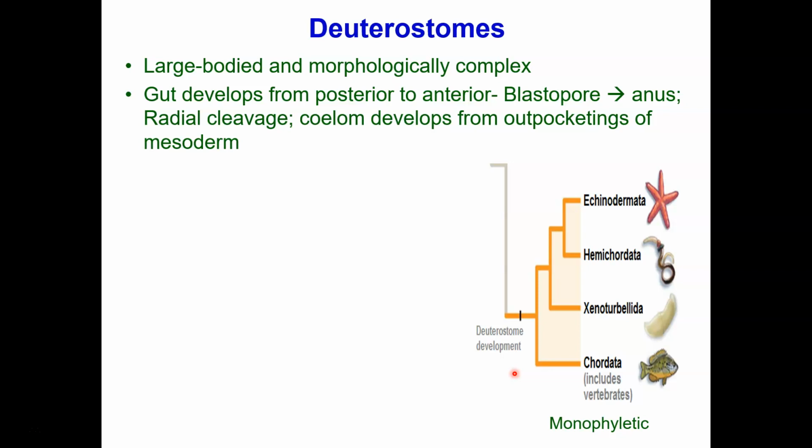So because of that, here's again a beautiful opportunity to use logic rather than rote memorization. If the mouth is produced secondarily and the anus is produced first, the gut development of the digestive system starts from the posterior to the anterior end, right? It's not the way more intuitive to you.